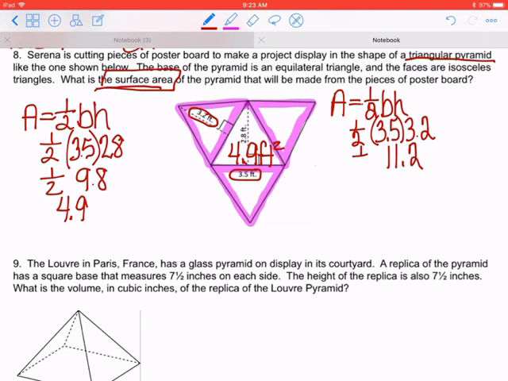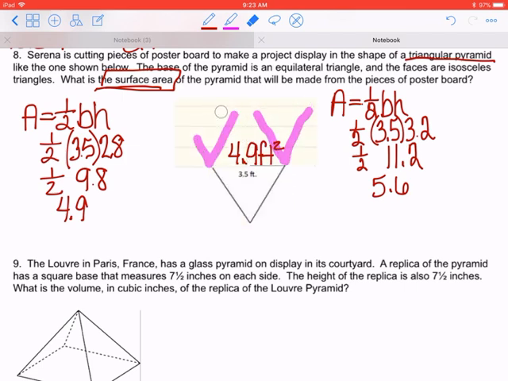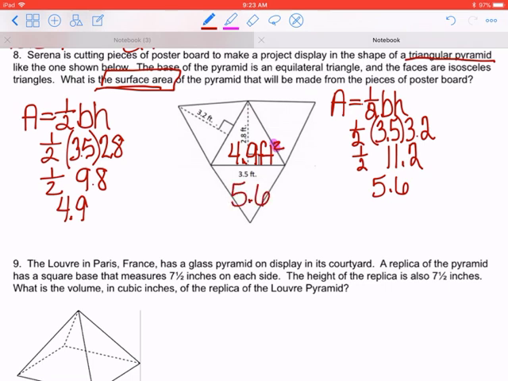And when I divide that in half, I get 5.6. So each of these triangles on the sides measures 5.6 feet squared. So I'll come back and label each one.